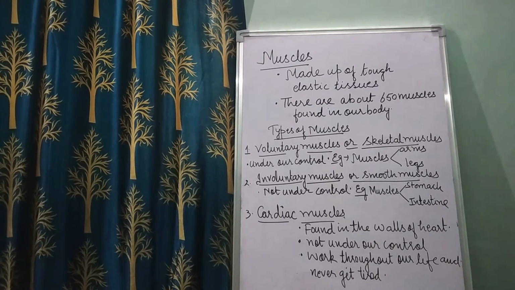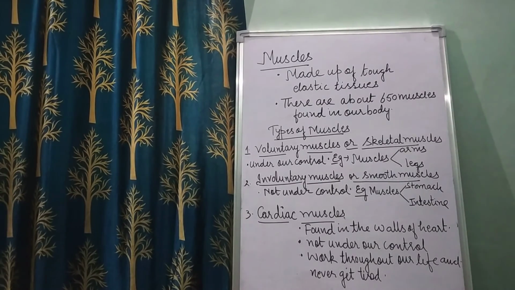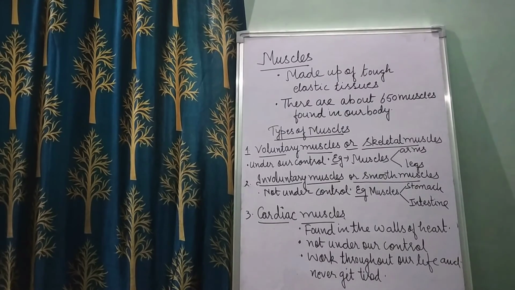Okay, now children, involuntary muscles are not under our control. Involuntary is just the opposite of voluntary. Voluntary muscles are under our control, but involuntary muscles are not under our control. Okay, so these smooth muscles are found in the stomach and intestine.